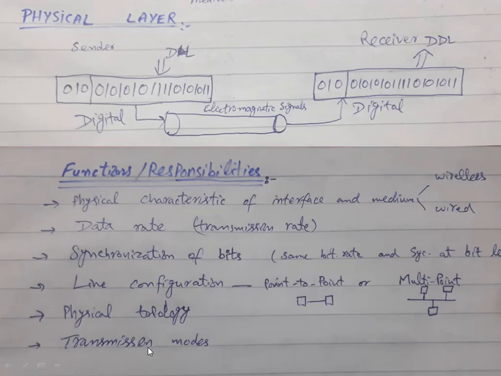And the next one is transmission modes. Transmission modes means half duplex, simplex or full duplex. Which kind of transmission mode is used, that is handled by the physical layer.